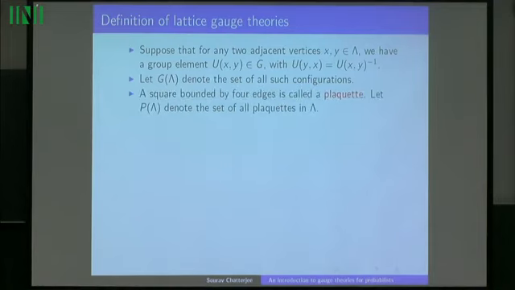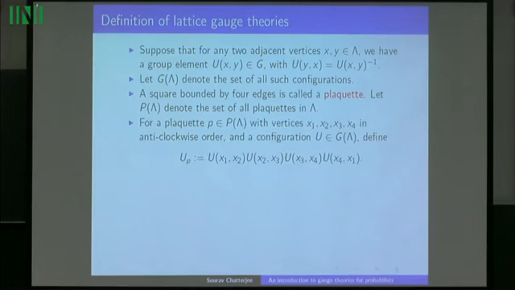Now here is an important definition. A square bounded by 4 edges is called a plaquette. It doesn't matter what dimension, it's always just a square bounded by 4 edges. Say you take a plaquette P with vertices x1, x2, x3, x4 in anticlockwise order, where you define anticlockwise in some appropriate way.